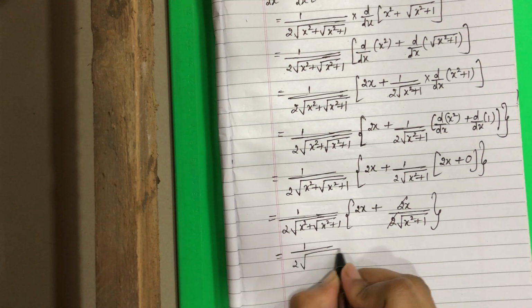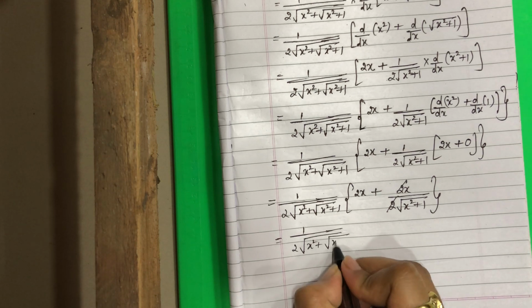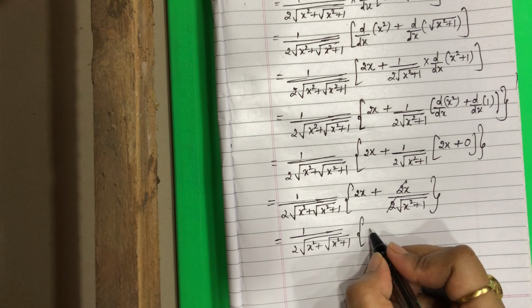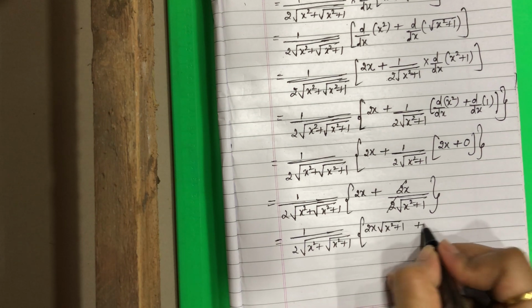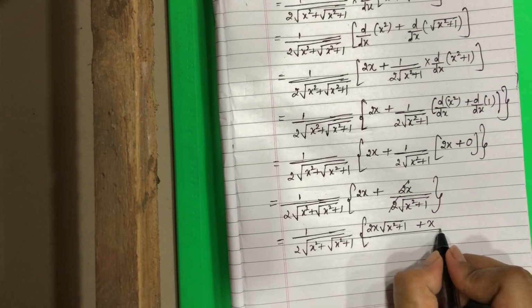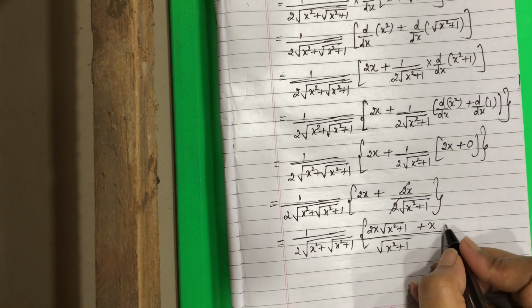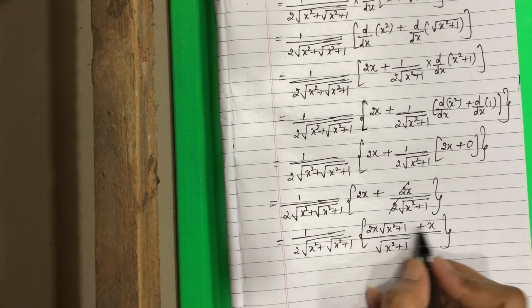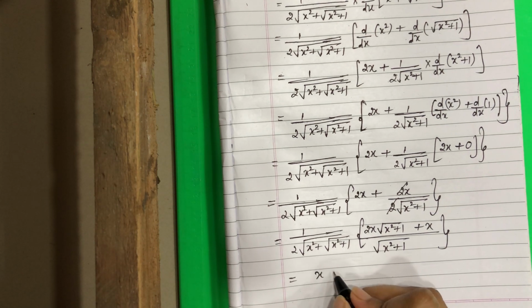Now 1 upon 2 root x square plus root x square plus 1 bracket, cross multiply this term, 2x root x square plus 1 plus x upon root of x square plus 1, bracket close. x is common in the numerator, you can take x common.